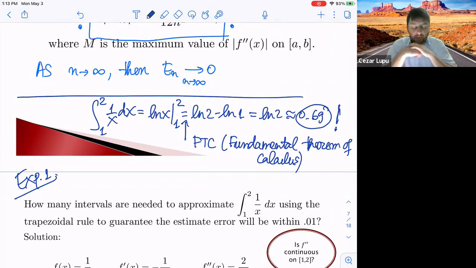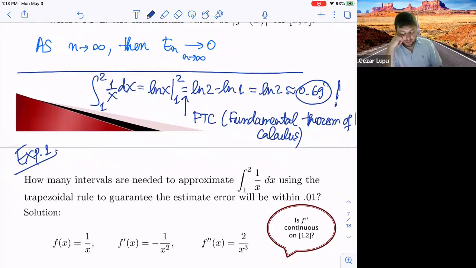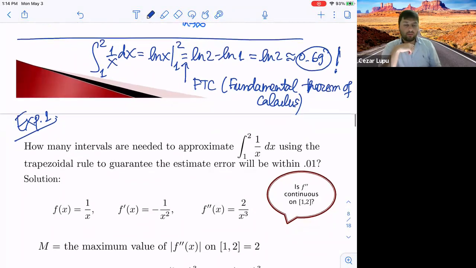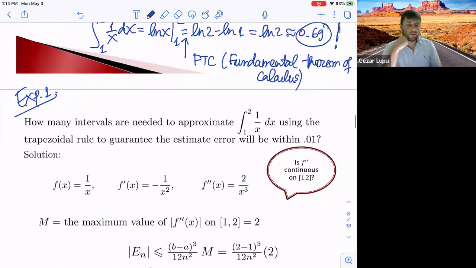Look at the first and second derivatives. For the function f equals 1 over x, f prime is negative 1 over x squared, and f second prime is 2 over x cubed. Great. So I'm going to consider the maximum value of the absolute value of f second prime on that interval. The function is continuous, so I have no problem. The maximum will be 2.